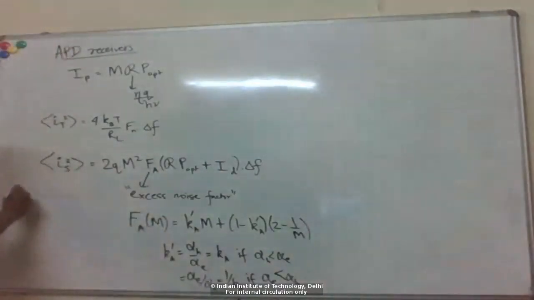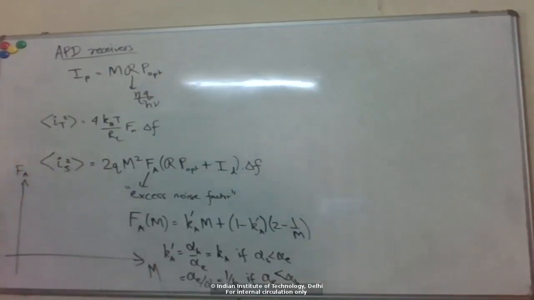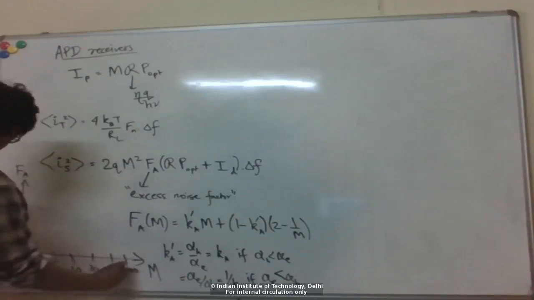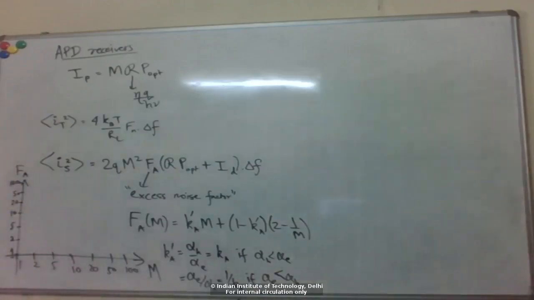Okay, but let's look at this excess noise factor, F_A versus APD gain M. Both the x and y axes are in log scale.